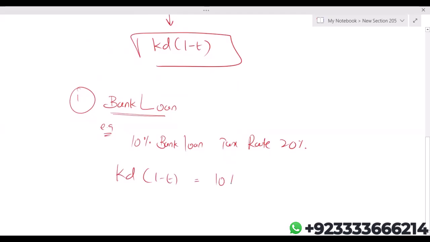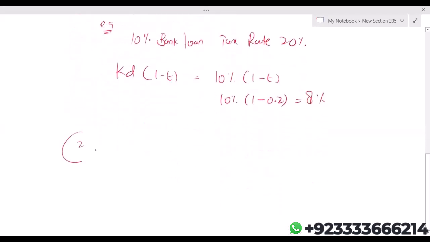Simply take 10% times (1 minus tax rate). So in case of bank loan, the calculation of KD(1 minus T) is extremely easy. Just take the interest rate times (1 minus T), and you will get KD(1 minus T).